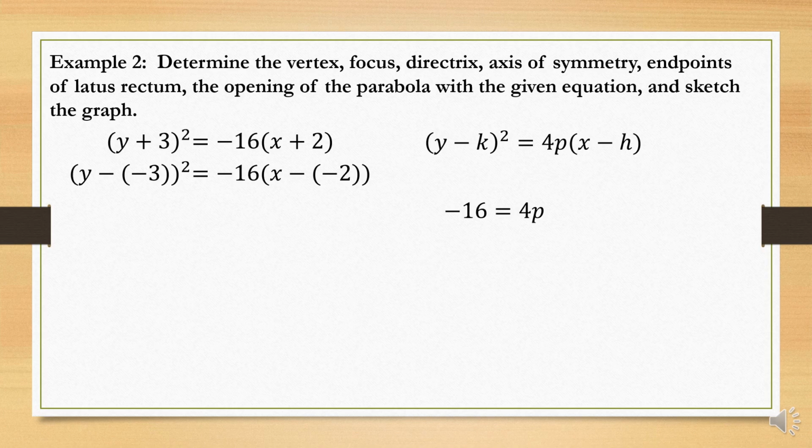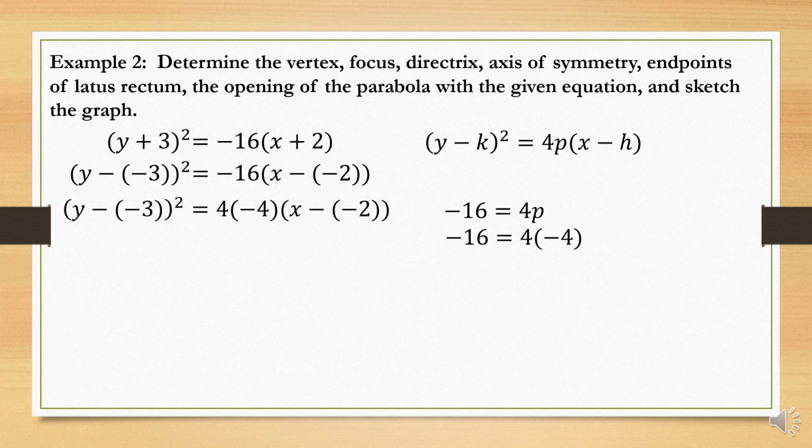So we have the value of p that will satisfy this equation is negative 4. Therefore, negative 16 is equal to 4 times negative 4. So the factors of negative 16 are 4 and negative 4. We're now going to replace this for negative 16 in our equation.